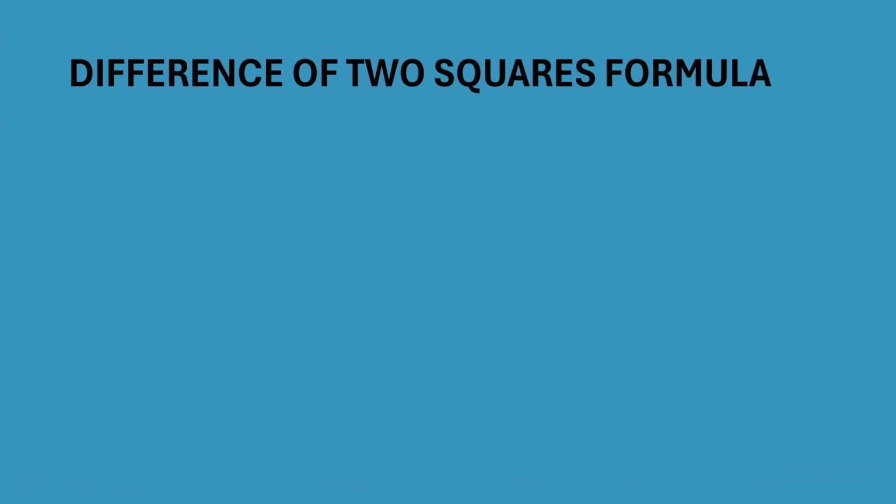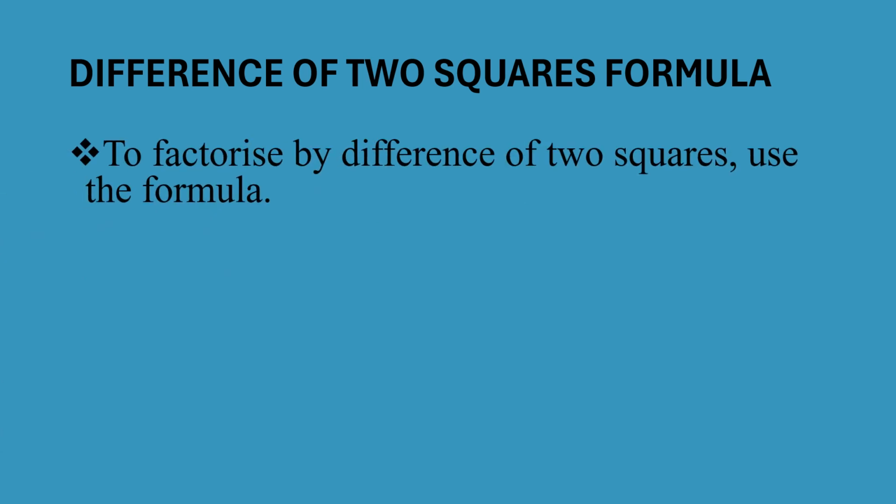Now, there's a formula for difference of two squares, which is very simple. To factorize by difference of two squares, use this formula. This formula is x squared minus y squared is equal to, open bracket, x minus y, close, open, x plus y.